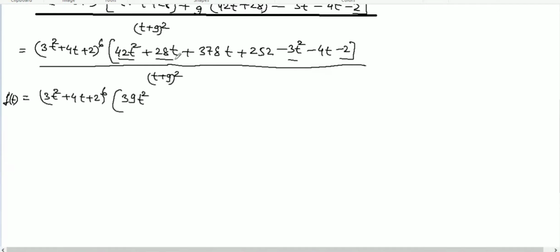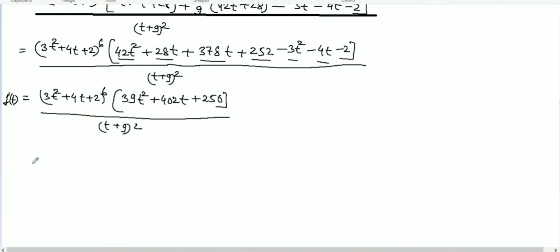Then see 28t plus 378t minus 4t, if you calculate it you will get plus 402t, and then we have only 252 and minus 2, so we will get 250 here, all over t plus 9 whole square. Now we have f prime of t.